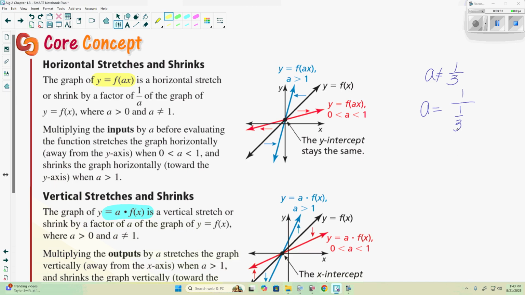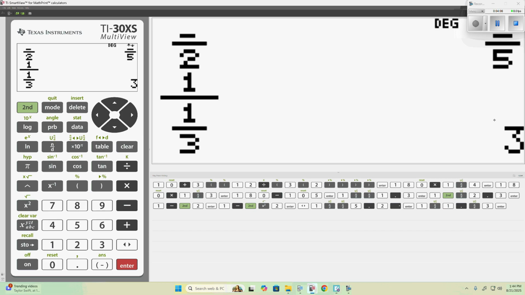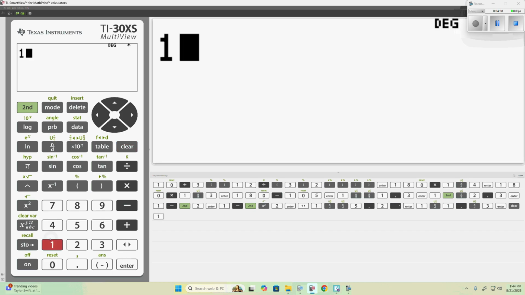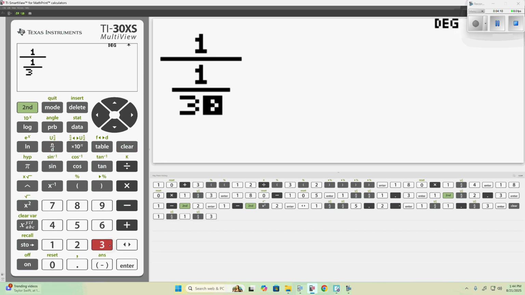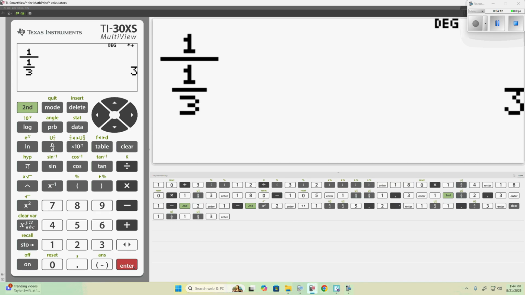I wanted one of those at least to be something different. Horizontal, we have to flip it. So the value we plug in for this horizontal shrink of 1/3 is not 1/3, but it's flip, which is 3. If I can grab a calculator, I can say 1 over 1/3, which is 3.